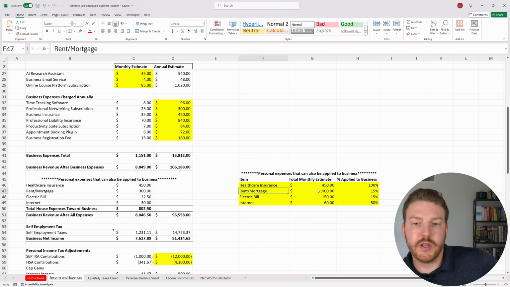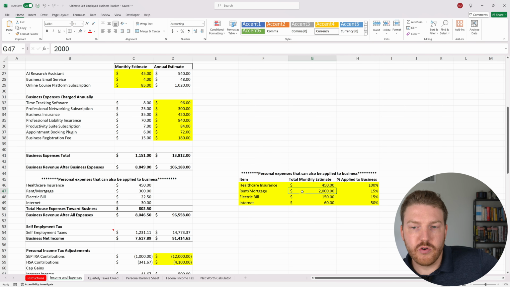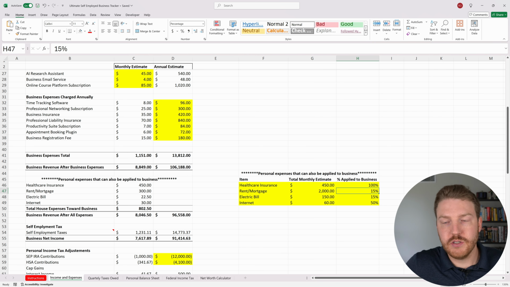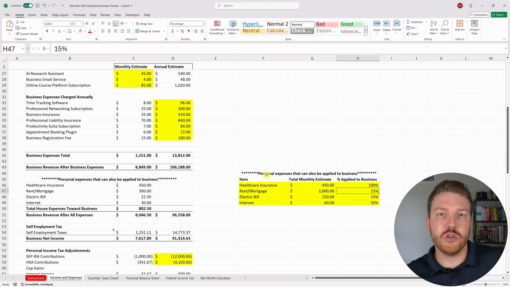For your rent or mortgage, let's say in this example that your rent is $2,000 a month. You can measure your home office, find out what percentage of the square footage of your home that room is compared to the total, and then multiply that to figure out how much you can reduce your self-employment income each month.